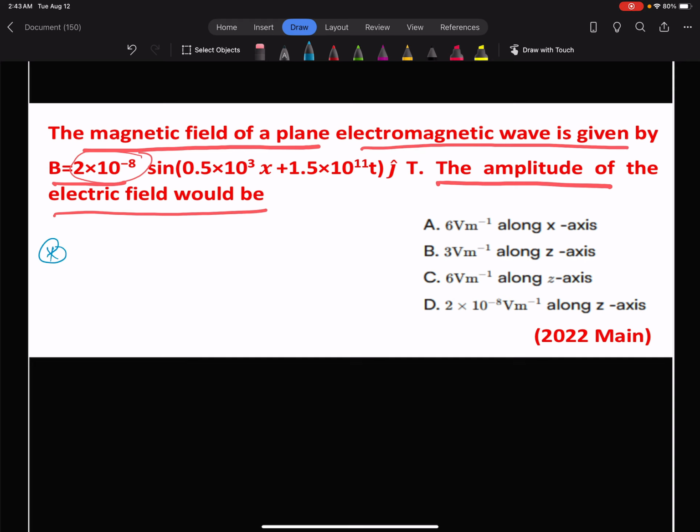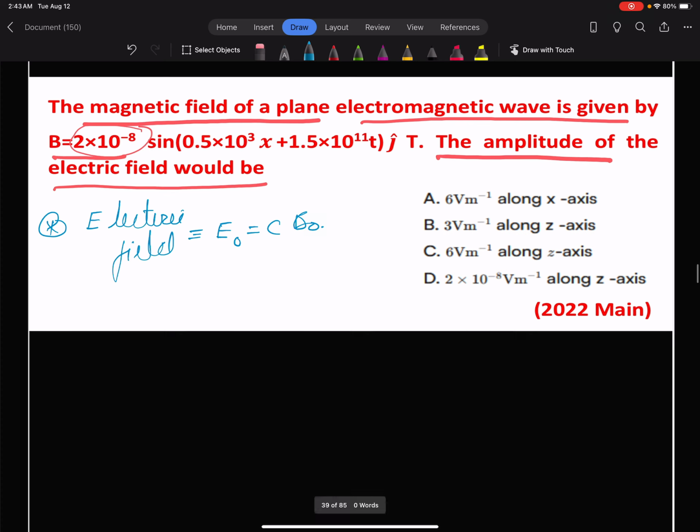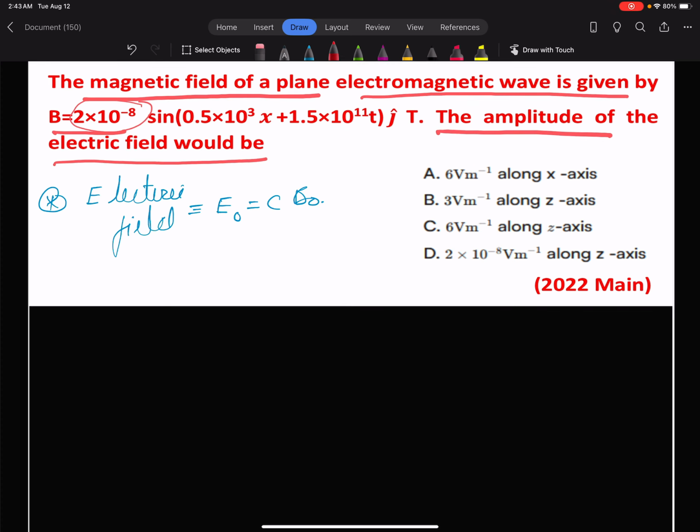So we can say that the electric field E naught will be equal to C times B naught. So E naught is equal to C, the speed of light, 3 into 10 to the power 8, times B naught, 2 into 10 to the power minus 8. This gives us 6 volt per meter.